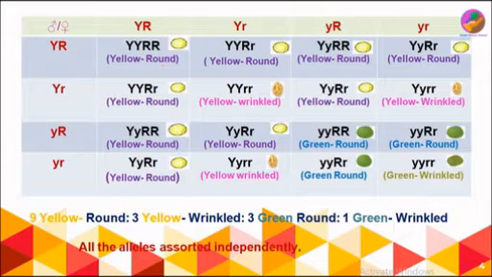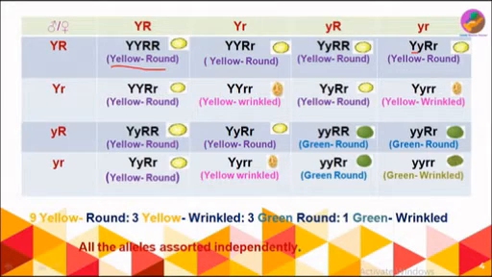One thing you have to remember here: when 1 or 2 capital Y and 1 or 2 capital R come together, they will form yellow round seeds, or yellow round phenotype. So here you can see yellow round, here also yellow round, here also yellow round. Now here you can see capital Y small y.